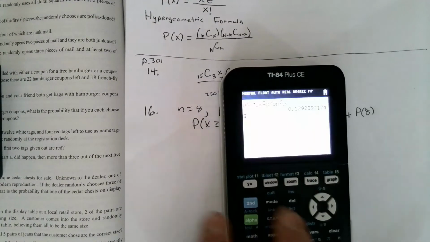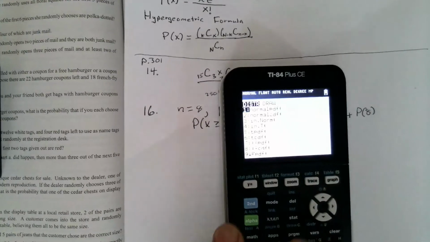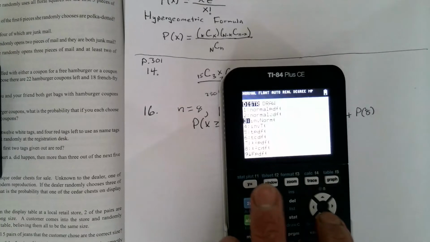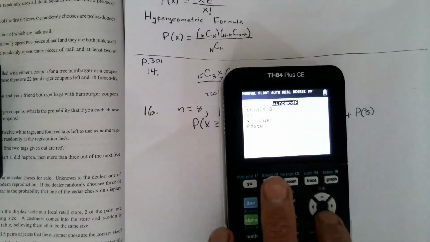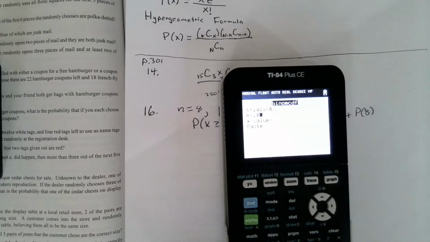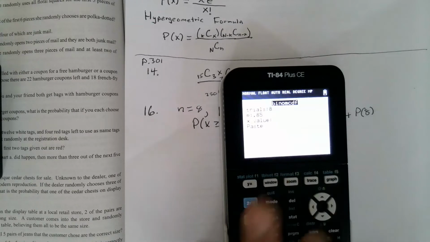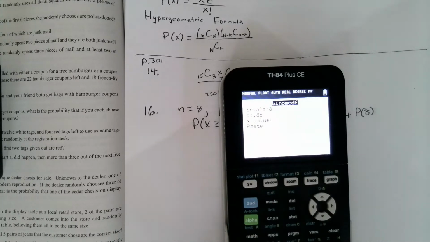So binom CDF of 4. So we have 8 trials. Binomial CDF of 4 equals 0.0214.